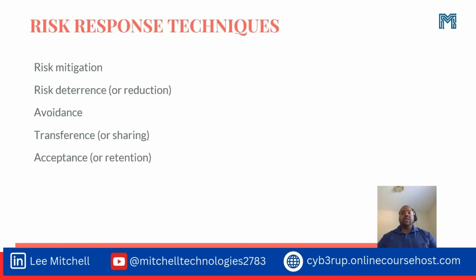And then you have risk transfer. Risk transfer is kind of like accepting the risk, but if any damage is done, you can fall back on another company. Think of it as insurance. You have technical insurance where if any kind of damage comes to your equipment, you can fall back onto an insurance company to replace the equipment.